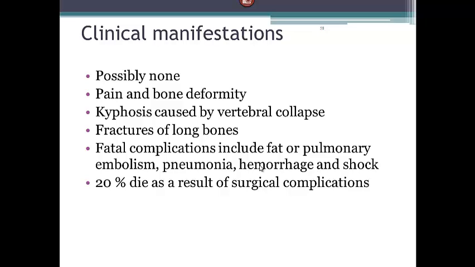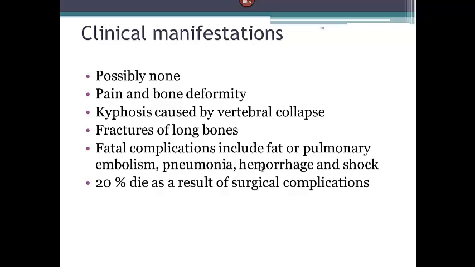Other contributing factors we already discussed. Secondary osteoporosis is less than 5%, and the most common causes are cancer, chronic kidney disease, any type of chemotherapy, hypophosphatemia, liver disease, prolonged immobilization.